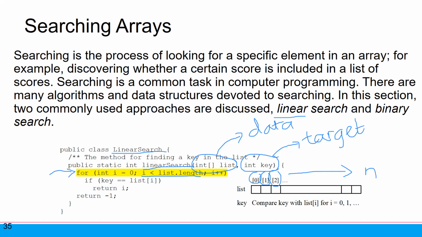If the key is in the list, it means if the target or the key is the number in the array, then you can just return the index i. But if you go until the last one and there is no such element, then return -1. So this is the common function for searching an element in an array.